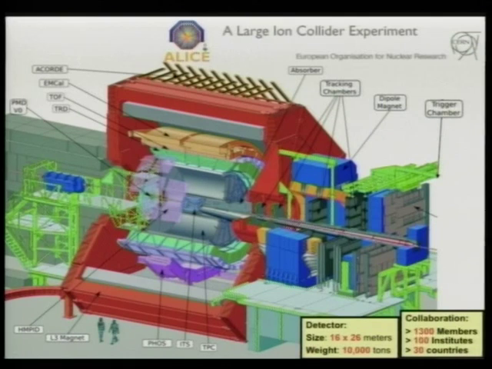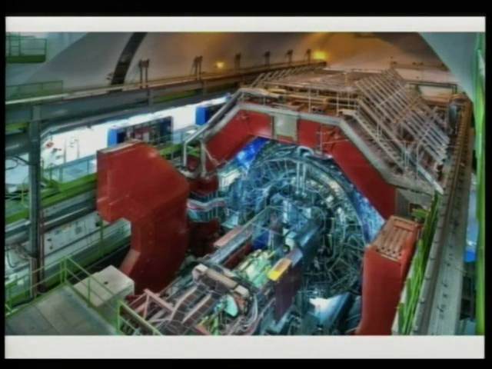We have to reconstruct something like 10,000 particles produced for each interaction, and each interaction happens every 25 nanoseconds. So every 25 nanoseconds, we have 10,000 particles produced. This is a huge amount of data that must be elaborated. This is another picture of the experiment.